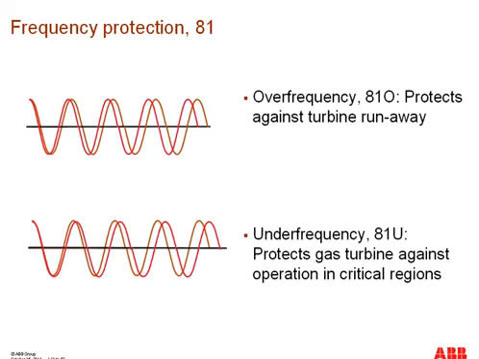This function can be used for generator shedding as well as remedial action. If the frequency remains above the set value for a settable time, then a trip is issued. And this function is normally supervised by an undervoltage function.